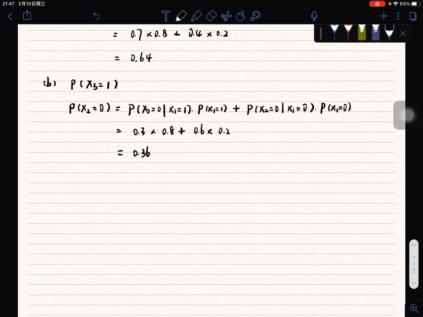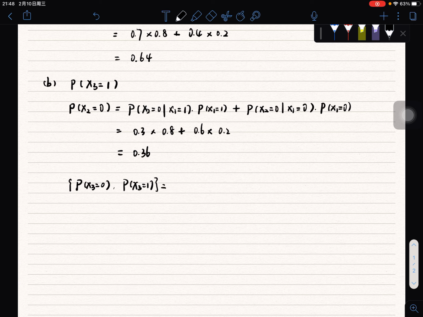And then we will calculate the probability of x3 equals 0 and the probability of x3 equals 1.